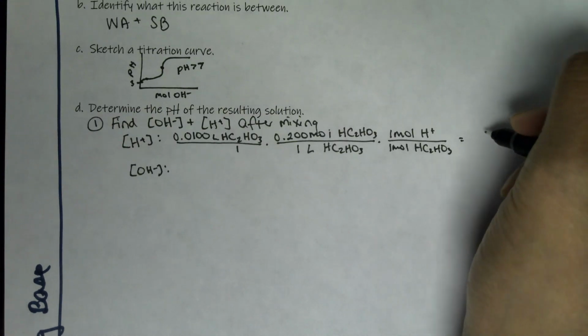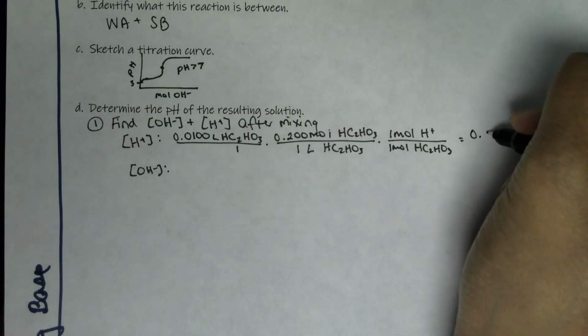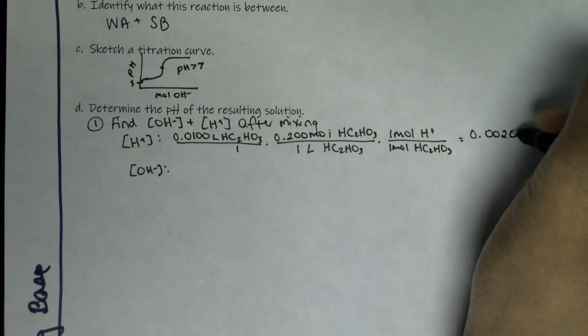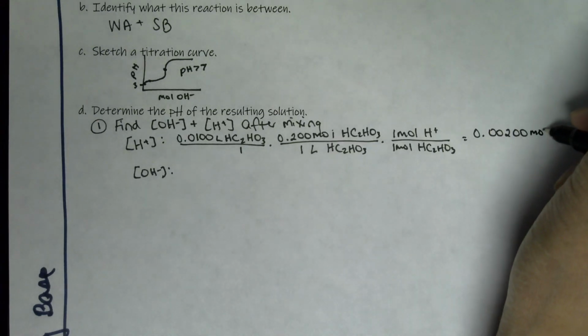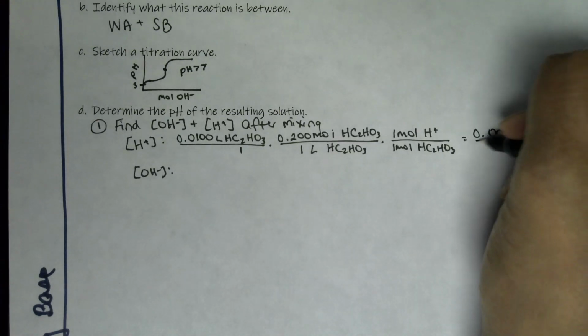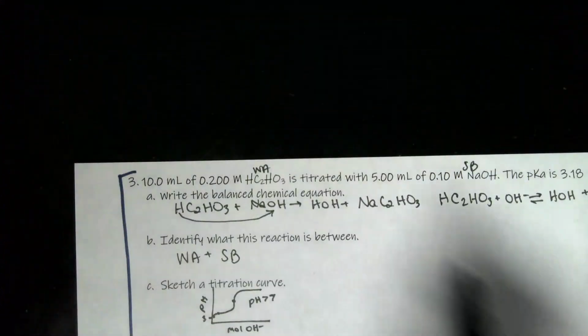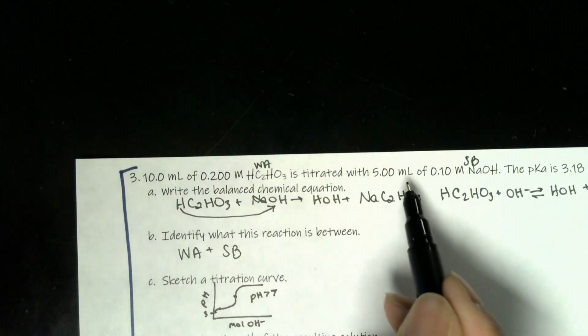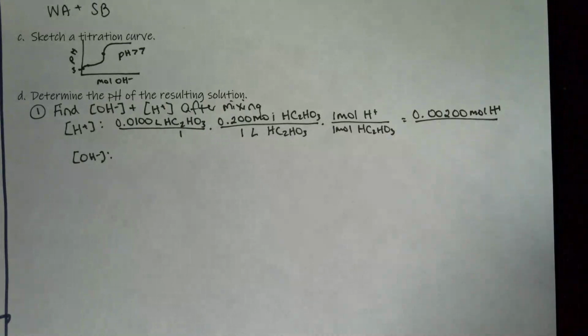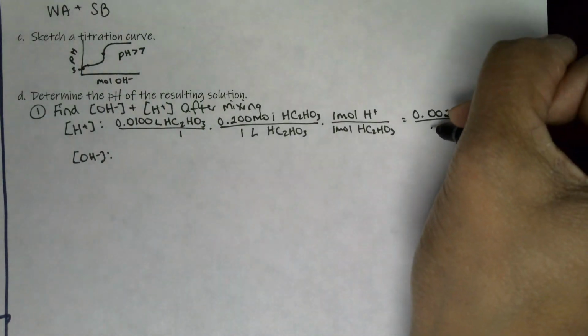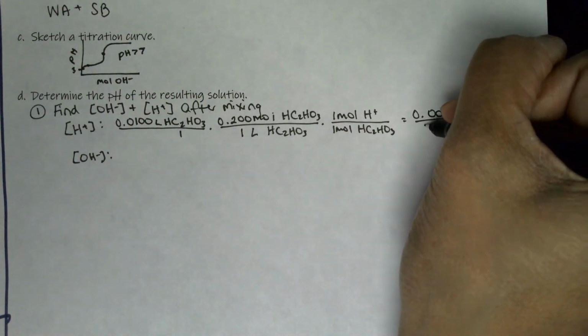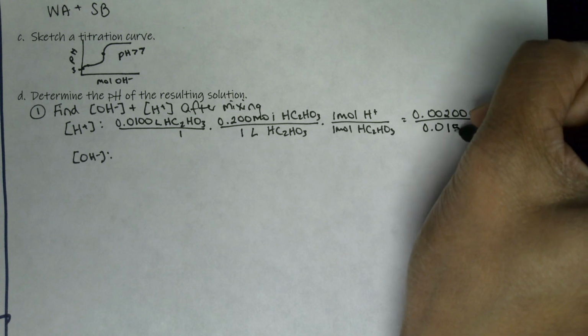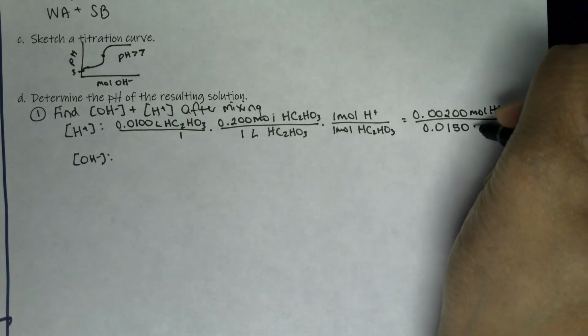So that gave us 0.00200 moles of H plus. Then I want to know what my final solution is. I've got 10 milliliters and 5 milliliters, so that's 15 milliliters. 15 milliliters in liters is 0.01500 liters.